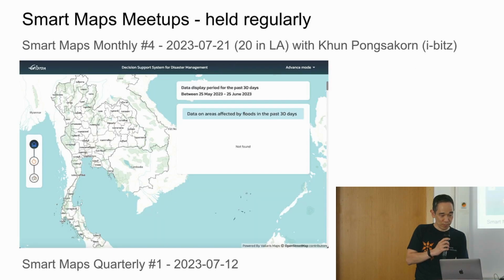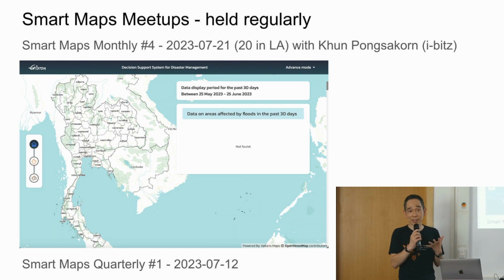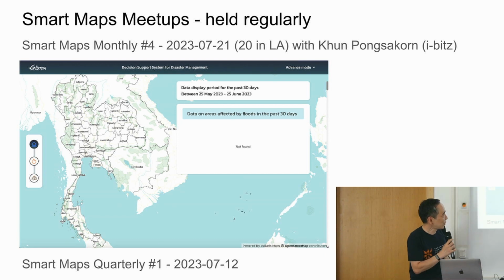I would like to keep this community active, so we are having regular meetups. One is a monthly meeting, and the next one is on the 21st of July with Kun Pongsakorn from IPITS.